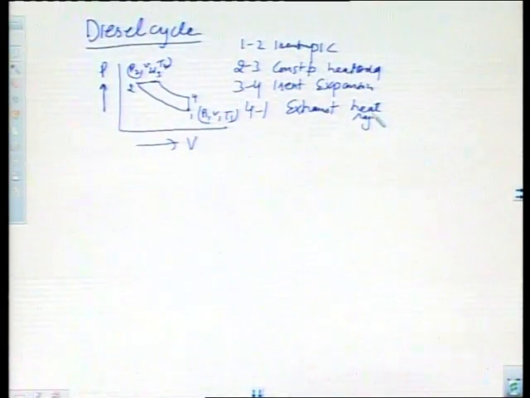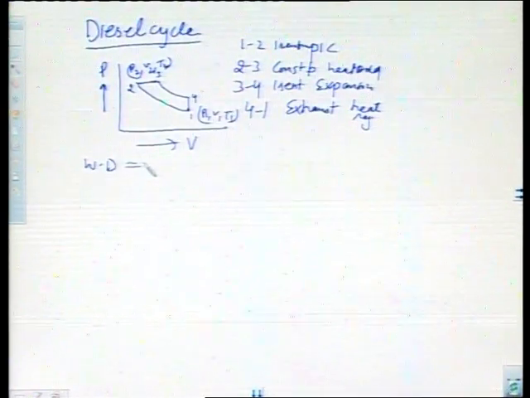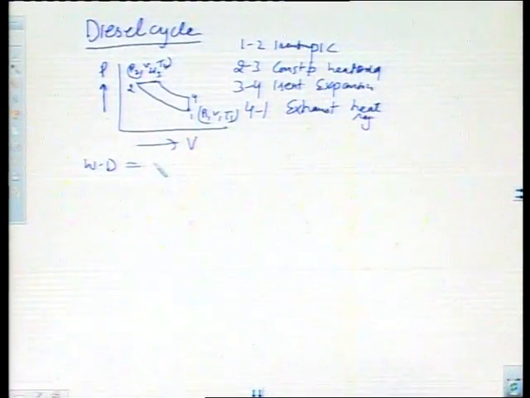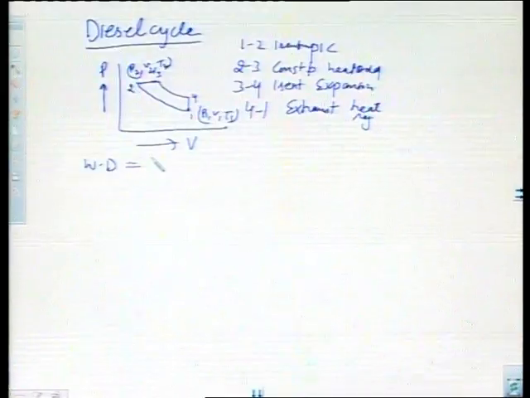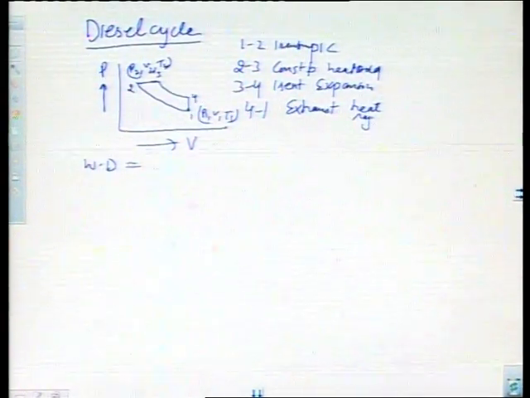Now, in the same way as we have done in the Otto cycle, we will find out what should be the work done here. Work done again is heat supplied minus heat rejected. Now, what is the heat supplied? This is the process 2-3.